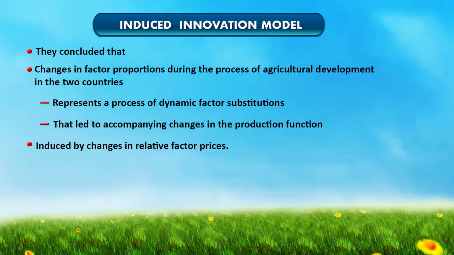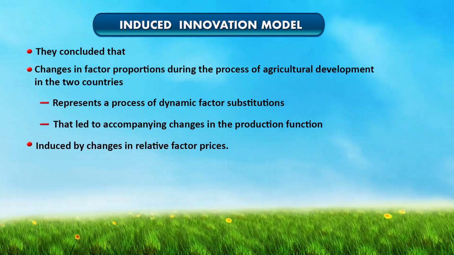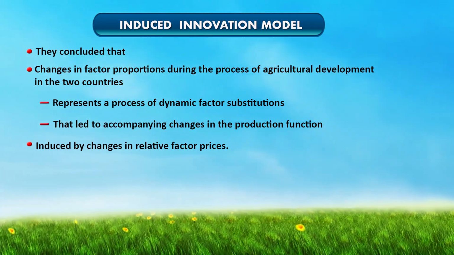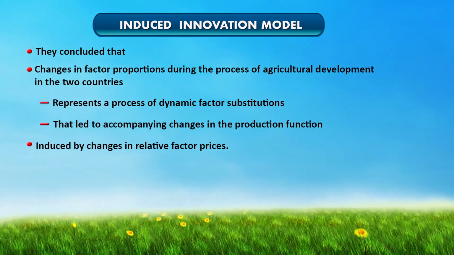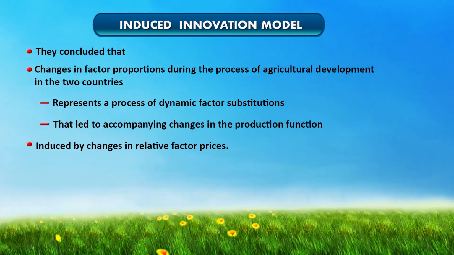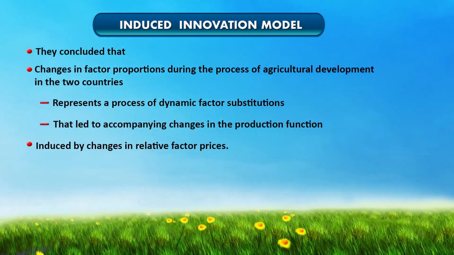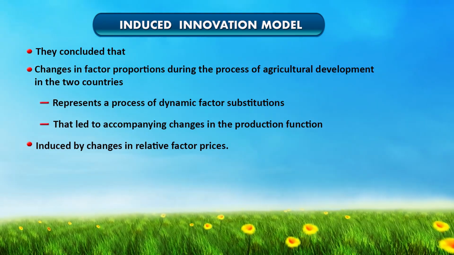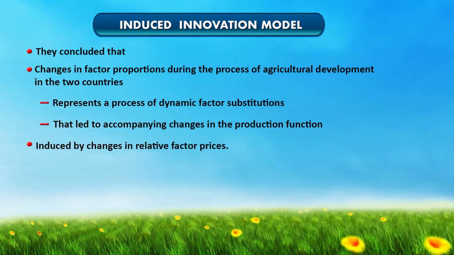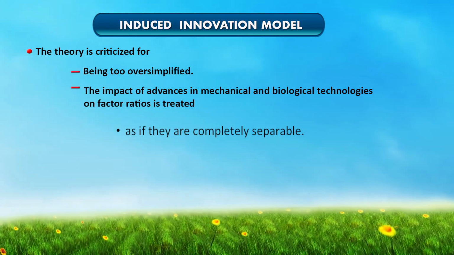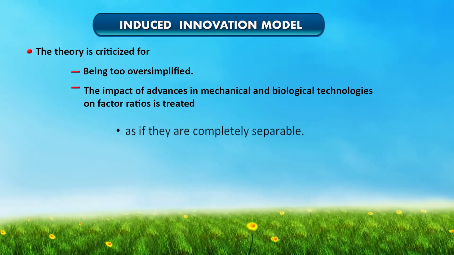And Hayami and Ruttan basically concluded that the change in factor proportion during the process of agricultural development in the two countries represents a process of dynamic factor substitution that leads to an accompanying change in the production function, which is induced by the change in relative factor prices. And this induced innovation model is also criticized for being too oversimplified.